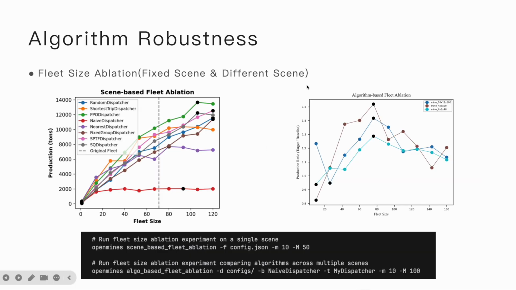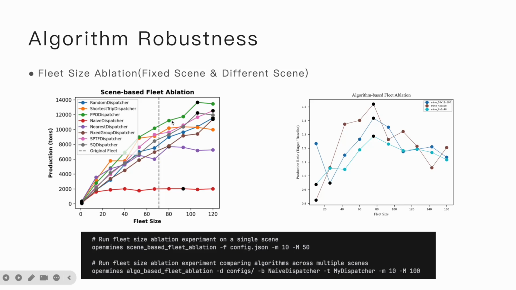If you are a mine operator, you might be very interested in the scalability of your algorithm. It's also supported in OpenMines. All you need to do is run the following command below. Then you can have 2 graphs describing the scalability of your algorithm. To your left, we compared the different baseline algorithms on the same mine.